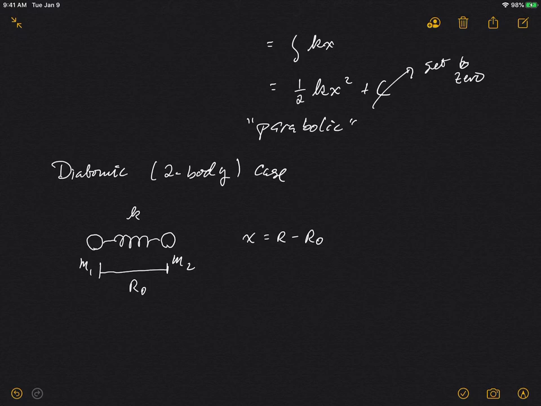In other words, each mass is going to move relative to some center of mass. So for this kind of relative motion of a two-body problem, we switch to a reduced mass type relative motion picture.